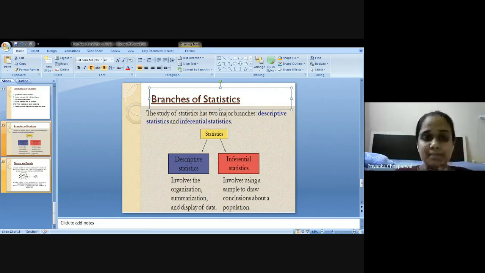Descriptive statistics deal with the processing of data without attempting to draw any inference from it. Means we are not taking any sample. Data is presented in the form of a table or graph, and the characteristics of data are described in simple terms.